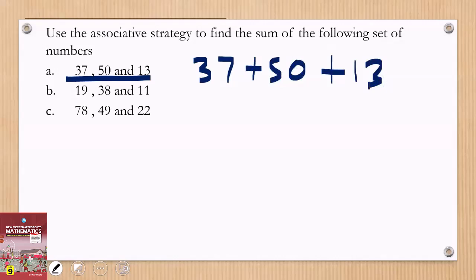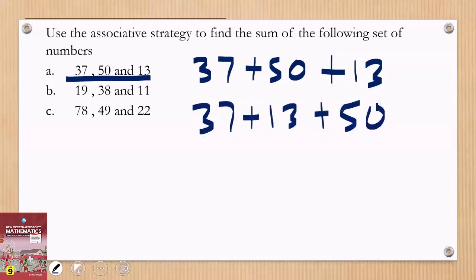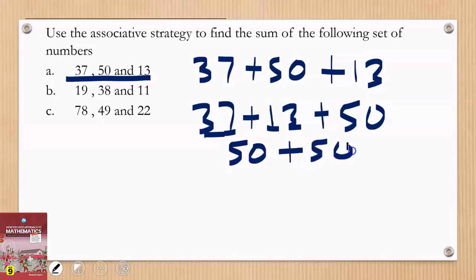If I know my associative property very well, I rather prefer doing 37 plus 13 then plus 50, which will make the work very easy, because with this I can add 10 plus 3, and 1 plus 3, that will give me 4. Then this and this will give me 10, and so I'm going to get the answer to be 50. Then plus the 50 here, and that will give me easily 100.